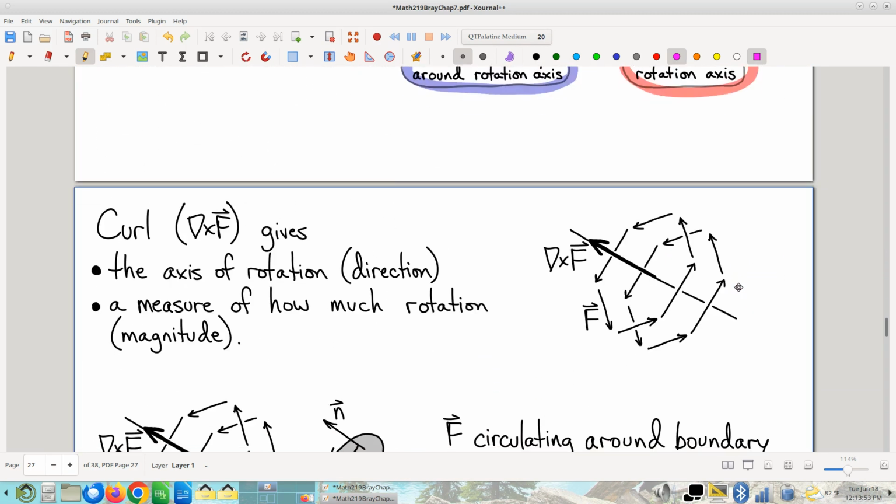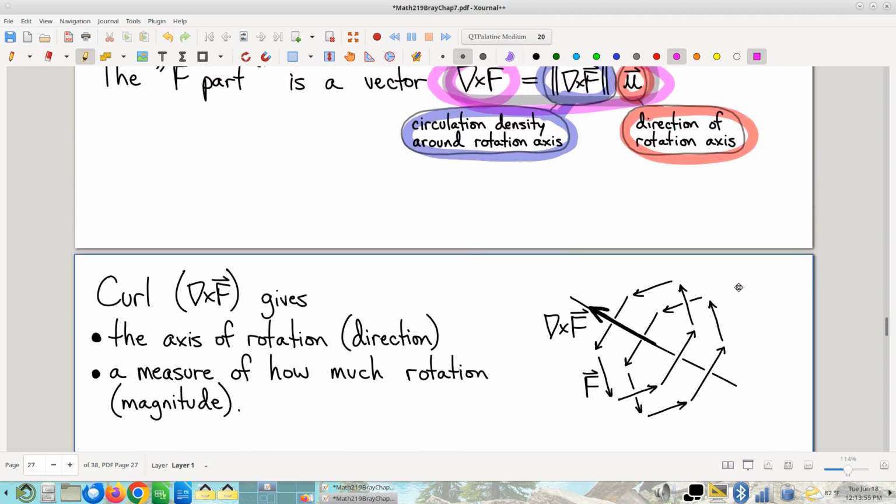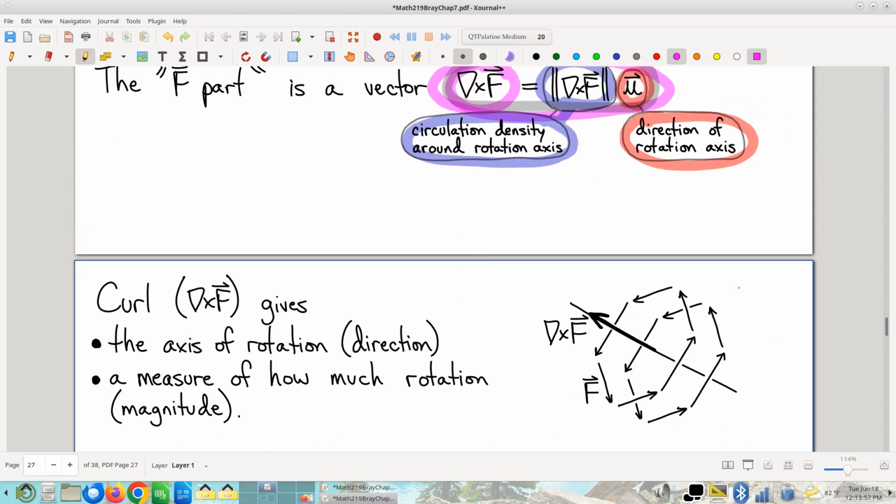So just to summarize here, and this is literally just summarizing what we stated here, the curl vector has a direction, it has a magnitude. The direction is telling you about the axis that the rotation of the fluid is happening around.